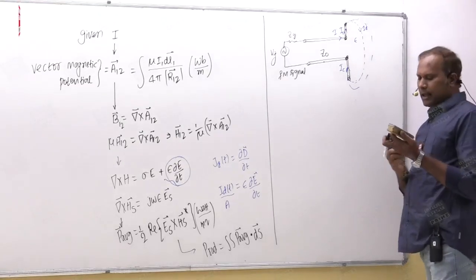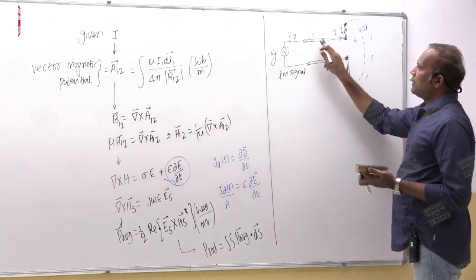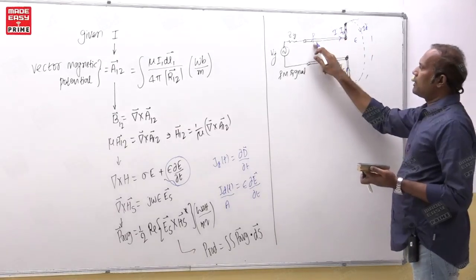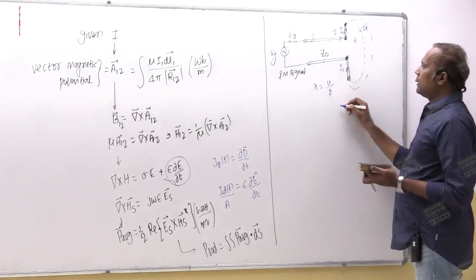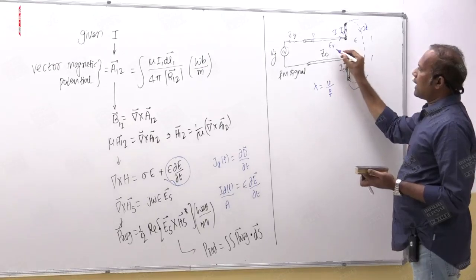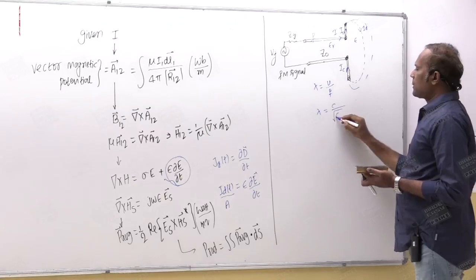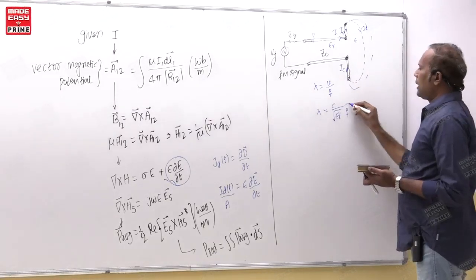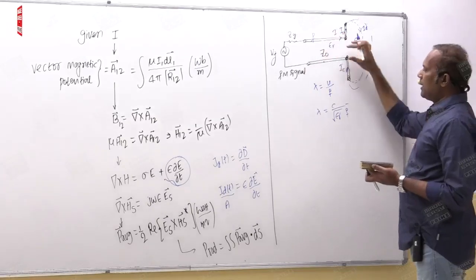Okay, actually whenever the current going has some frequency, then it has some wavelength, v by f. If the medium present between the transmission line conductors has some epsilon r, then lambda is equal to c by root epsilon r, times f. If it is air medium, then epsilon r is 1. So it has some wavelength for the signal.